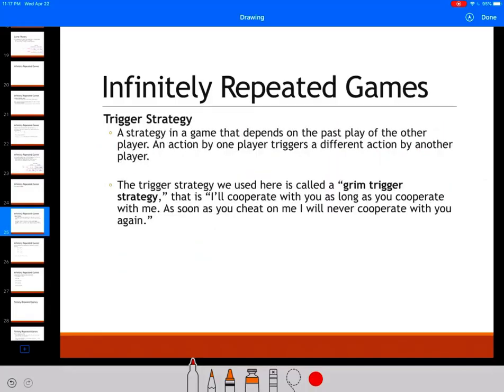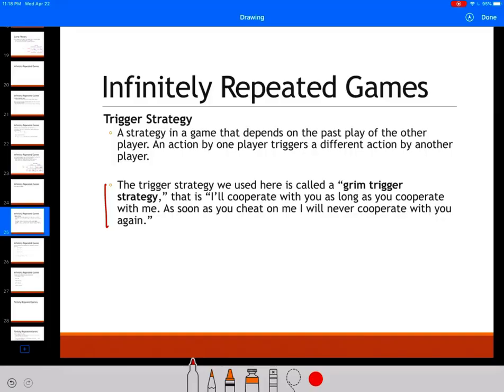Now, let's talk about a trigger strategy, okay? The trigger strategy we just used in this example we call a grim trigger strategy. I'll get to that in a second. But a trigger strategy is basically a strategy used in a game where your play this round depends on what the other player did last round, okay?